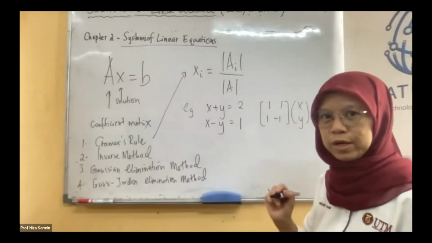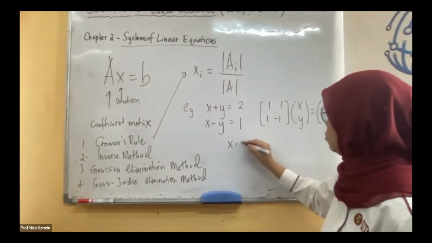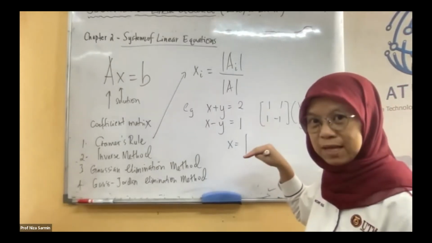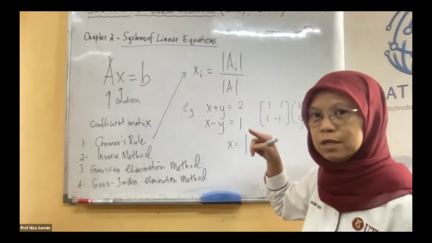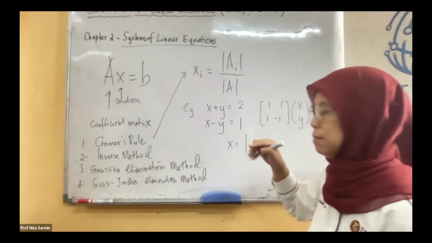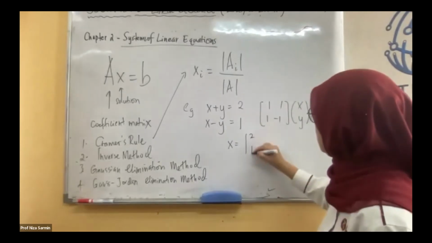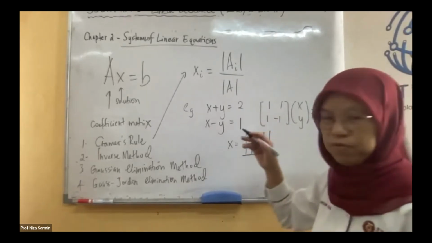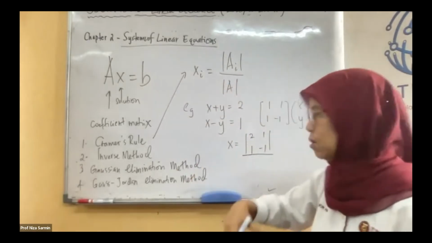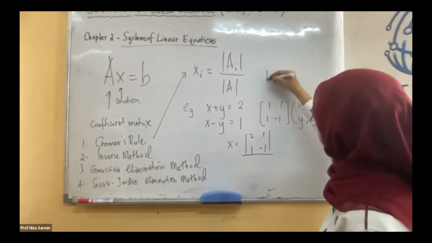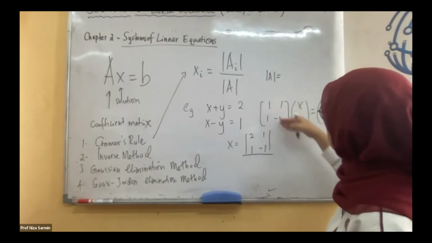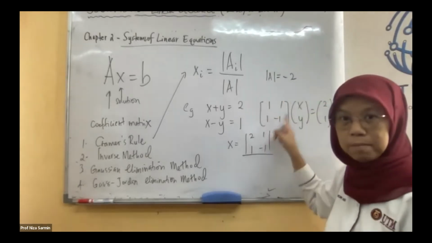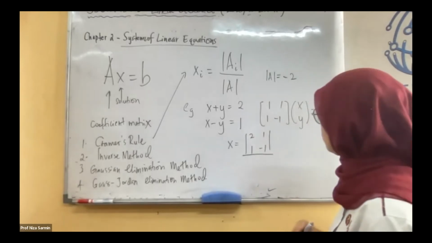So you will write x equal, so you take the A, but you replace, because it's the first one, x1, you replace the first column by B. So 2, 1, 1, negative 1, divided by the determinant of A, which is negative 1 minus 1, negative 2.